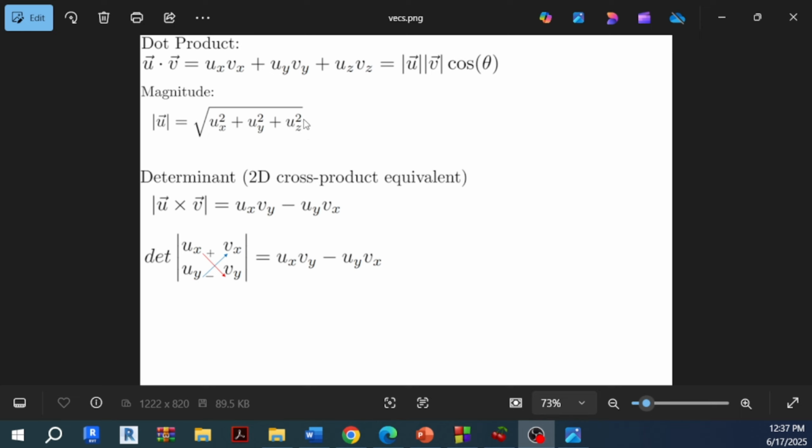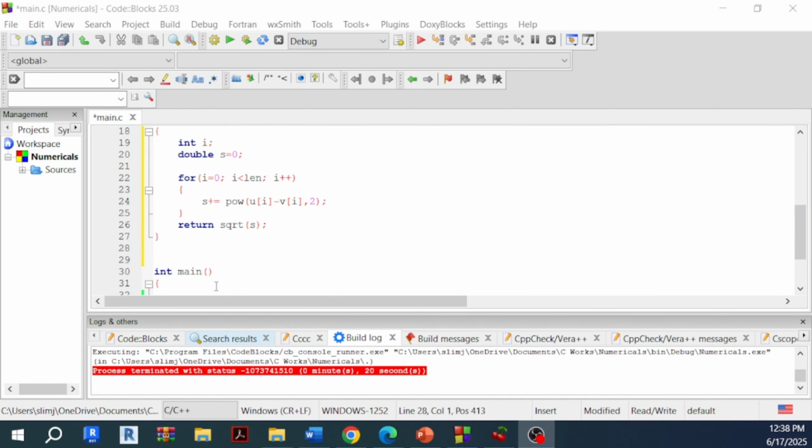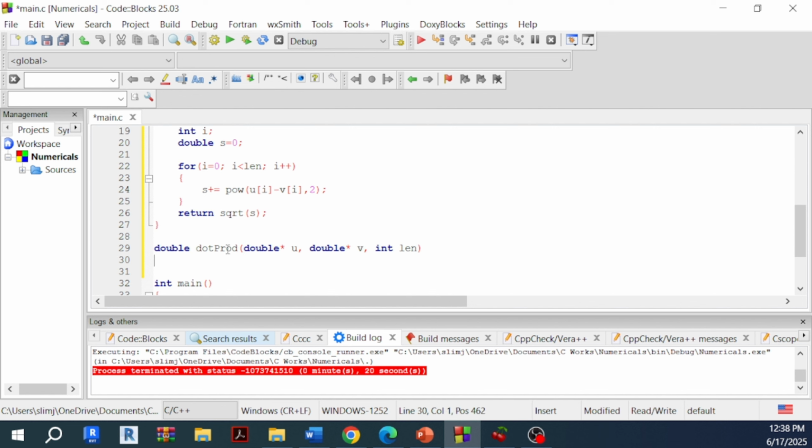As for the dot product, the dot product between two vectors is ux vx plus uy vy plus uz vz, which is also equal to the length of u times the length of v times cosine theta. The function to get the dot product: double dot product, u the first vector, v the second vector, and the length of both vectors.